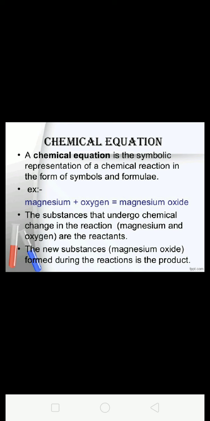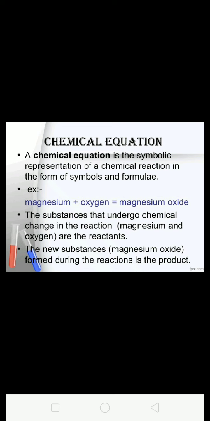Obviously ash is formed. That ash, in the case of magnesium, is actually magnesium oxide. How is that magnesium oxide formed? Because magnesium has reacted with oxygen of the air, and it has led to the formation of magnesium oxide, and a lot of heat energy is liberated because it catches fire.